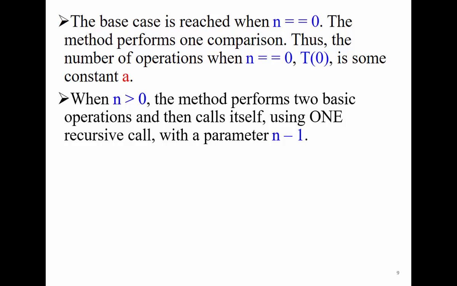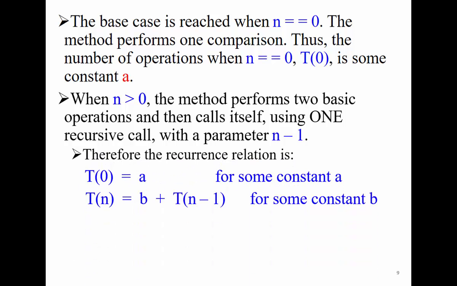But now look at the size of the parameter. We start from n and we call for n minus 1. So the time complexity to solve the problem T of n will be equal to P, which is the constant amount of time to do the recursive call, to store the frame on the stack and all the local variables, plus the time complexity to solve the problem of size n minus 1.